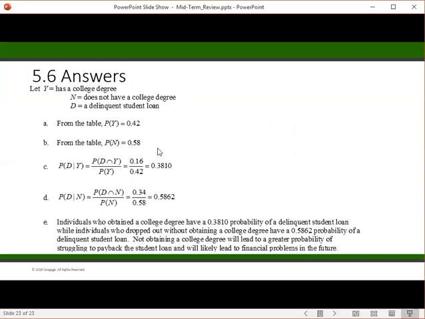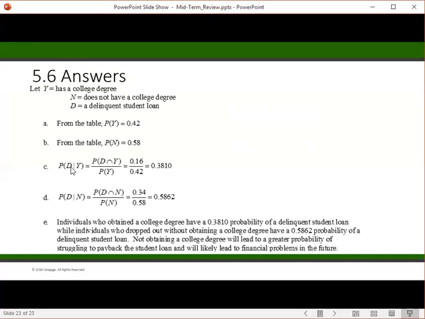Hence we get this answer 0.58. Next, we're going to look at a conditional probability, and that is question C, given that a student has received a college degree, what is the probability that the student has a delinquent loan?